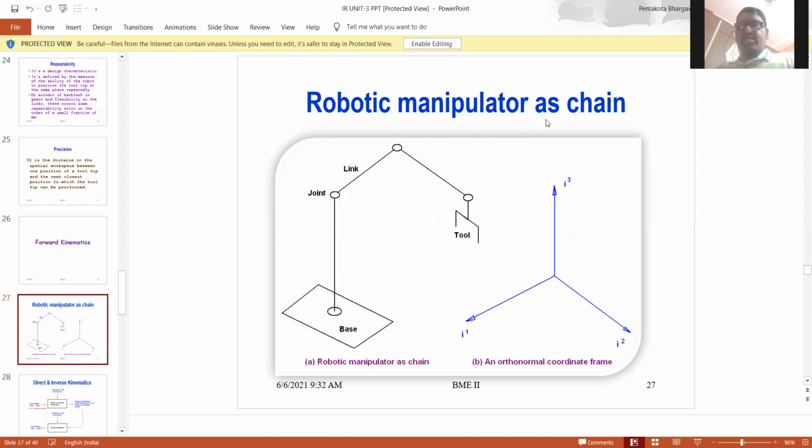Here there is the joint, and one is the link, and you can use the tool. The tool is known as the end effector and gripper. And next, an orthogonal coordinate frame. Here the frame also has axes 1, 2, 3. These are the components. Next slide.